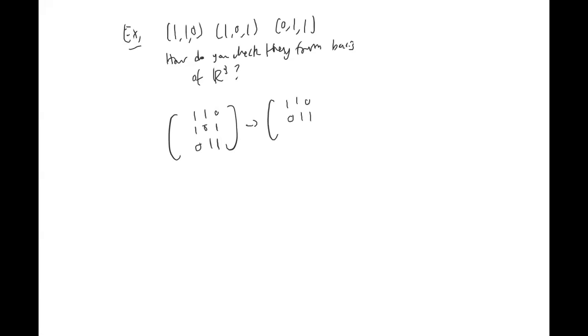Did I do this correctly? Yes. So 0, 1, -1, and 0, 1, 1. What to do next?